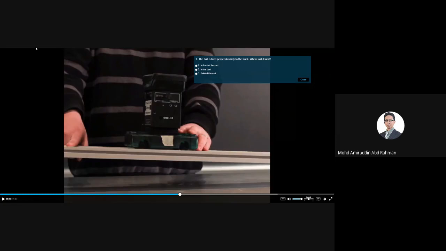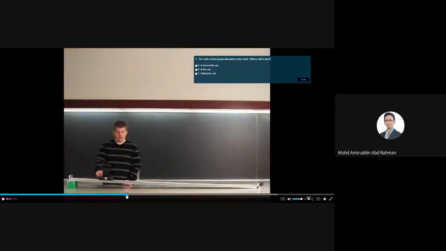Okay, now you have the second question. Now when it's on an inclined track, the ball will be shot out when it reaches this point over here, at a certain time, and the question asks where the ball will land.